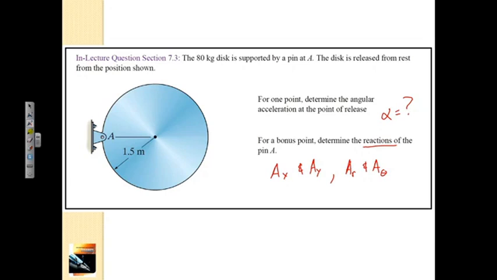So FBD. We've got our disk. We've cut it away from its pin support. So at A here, we've got AX and AY, or AR and A theta if you want. At its CG, we've got mg coming down.